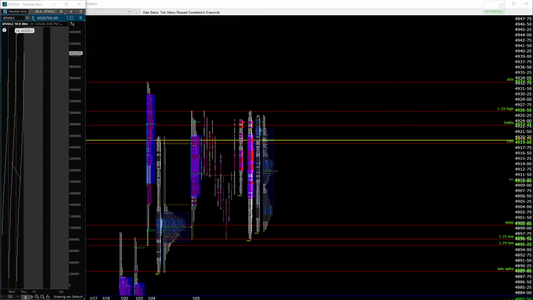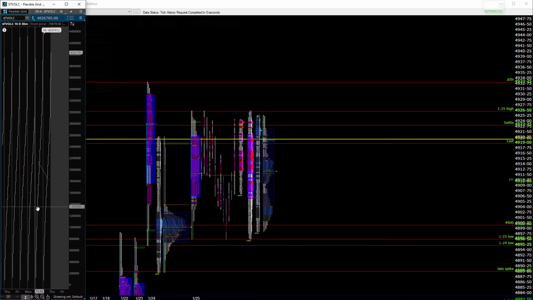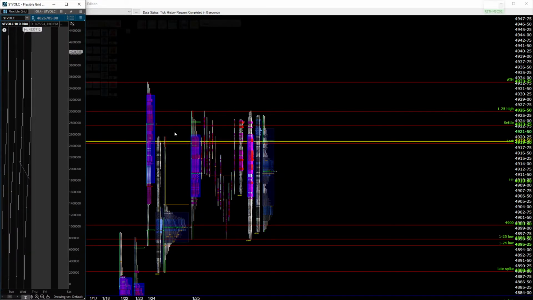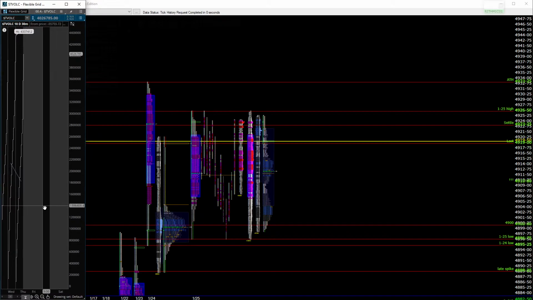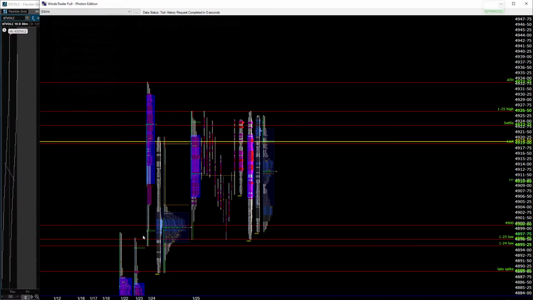What I look at is how high the volume is relative to the previous day, and I can also check the last 10 days. You can see, for example, yesterday we had lower volume. So whatever happened wasn't being backed up by volume.